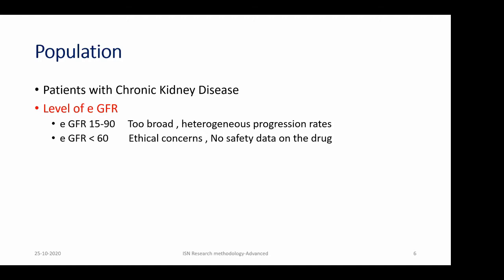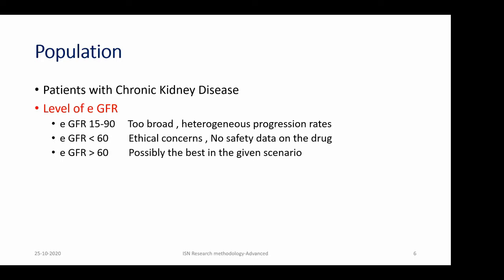Suppose the original study set an inclusion criterion of 60 ml based on lack of safety data of the drug in that particular population, then it might not be a great idea to consider patients who have a GFR of less than 60 ml in the present study also. It might be unethical.